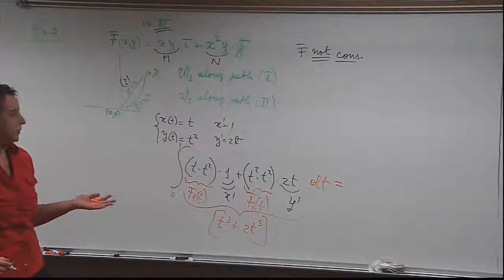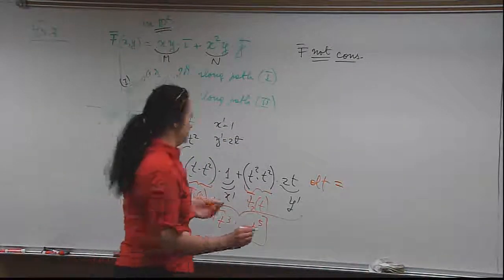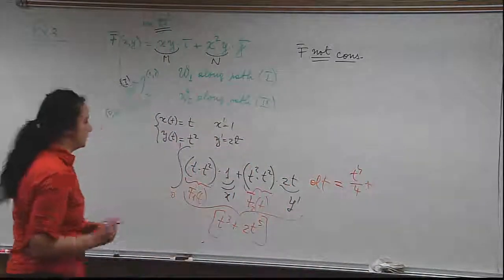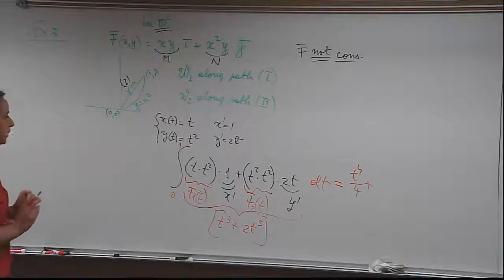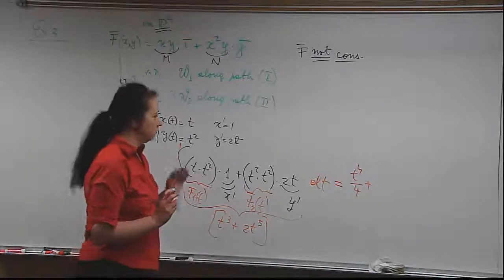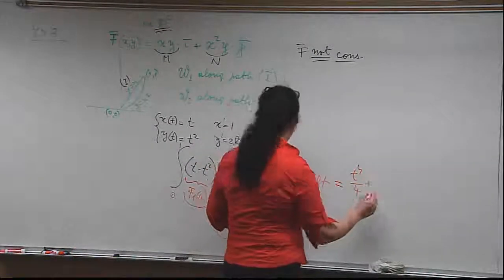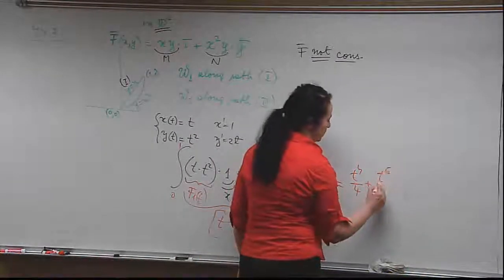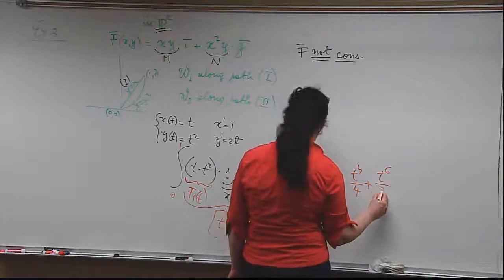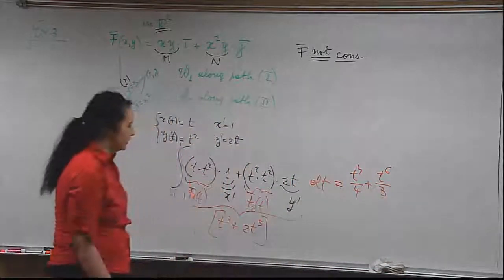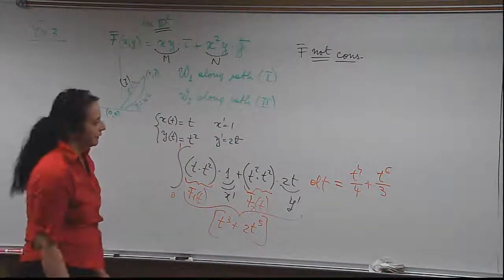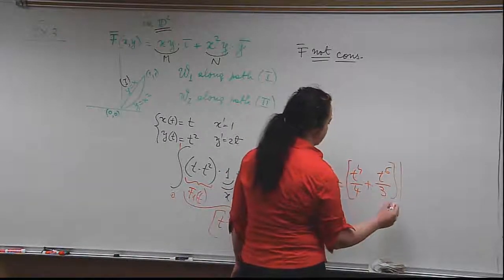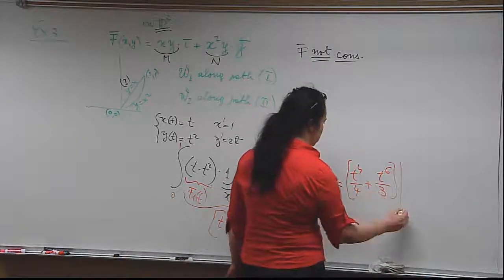So when I do the integration, I get t to the 4 over 4 plus... Very good, he's done the simplification. You get the same values. Plug in 1, you get 7/12 again. So I'm asking you, what is it? So 0, 1.